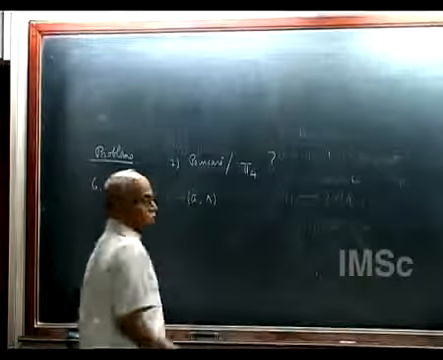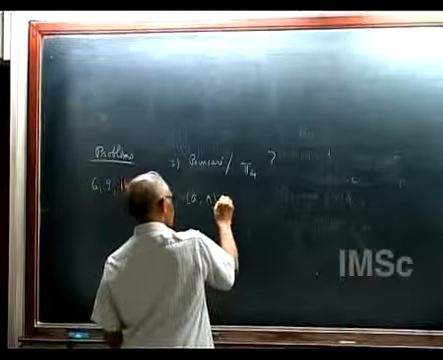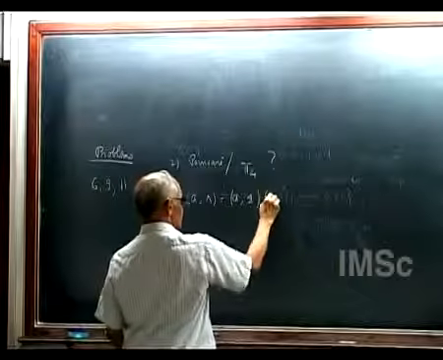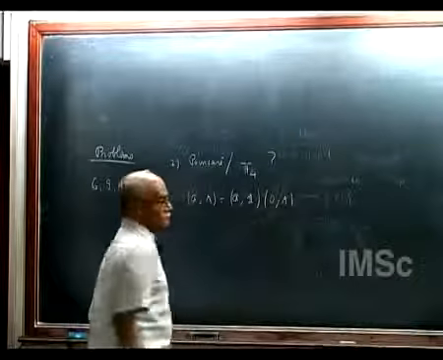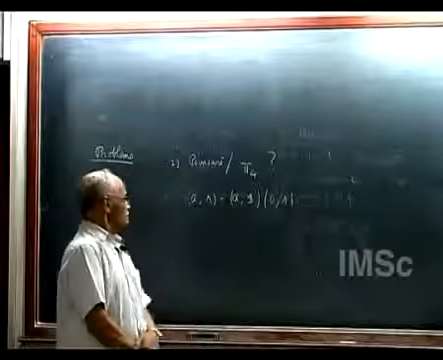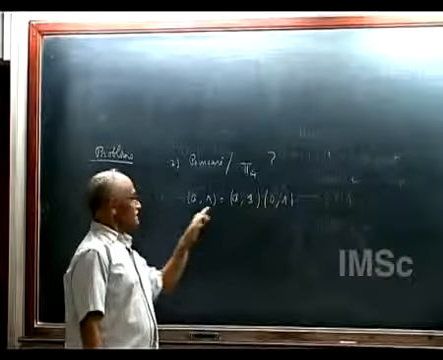Anything like this, an element of the Poincare group, can be written as (a, 1) times (0, lambda). We can check: a plus 1 0 which is a, 1 lambda which is lambda.